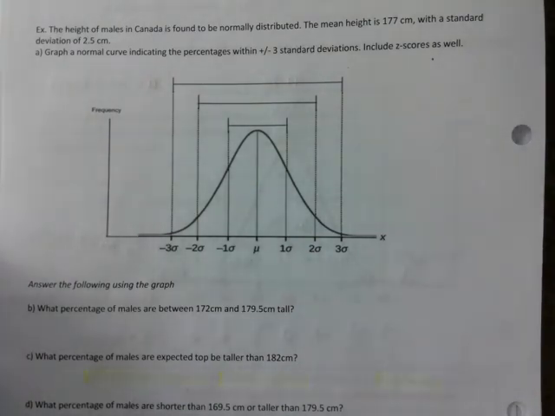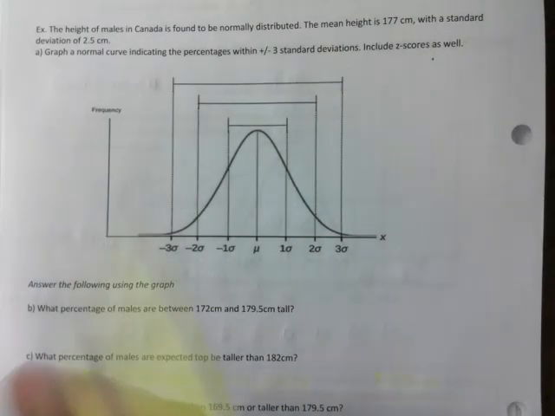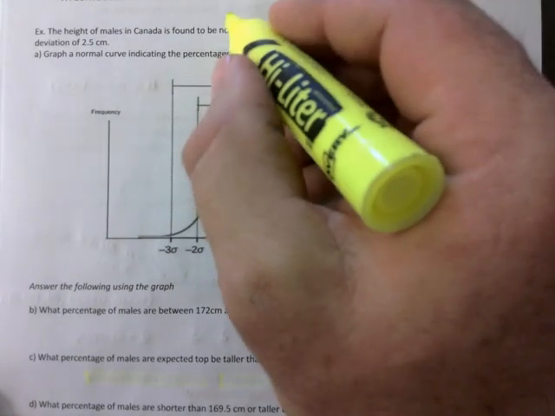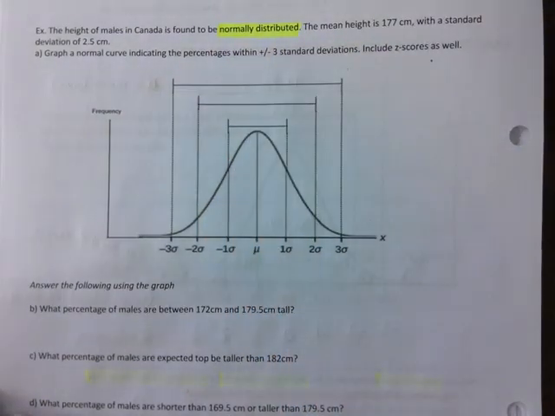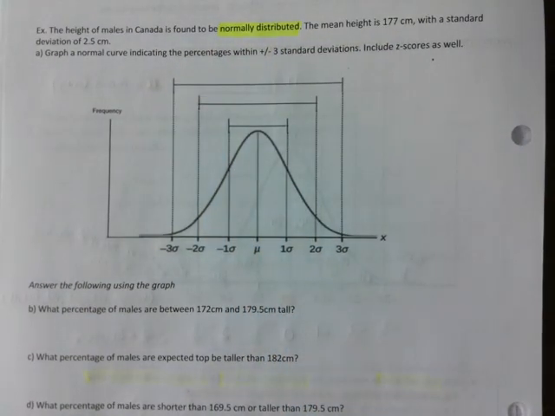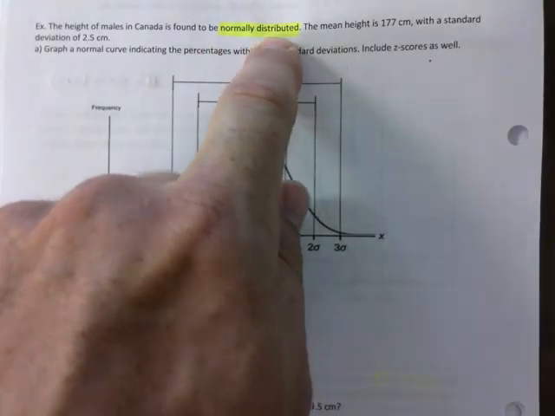The height of males in Canada is found to be normally distributed. To us, that means way more than just fancy words. Oh, normal distribution, I know what the graph is supposed to look like. I know something about the 68, 95, 99.7 rule. There's a lot of things I know just by reading these two words.